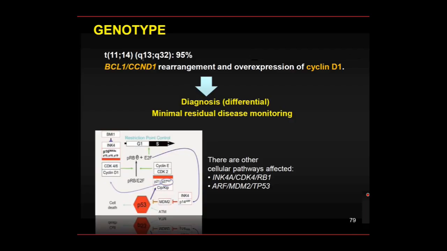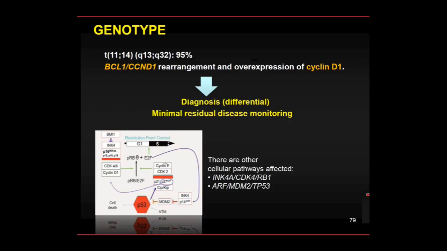And as for follicular lymphoma, we can use the expression of cyclin D1 and the translocation both for diagnosis, mainly for differential with other tumors, because cyclin D1 translocation is absolutely specific for mantle, while BCL2 translocation is also in diffuse. BCL1 is mantle cell stone, but also for minimal residual disease monitoring. On the pathogenetic point of view, cyclin D1 is affecting the cell cycle.